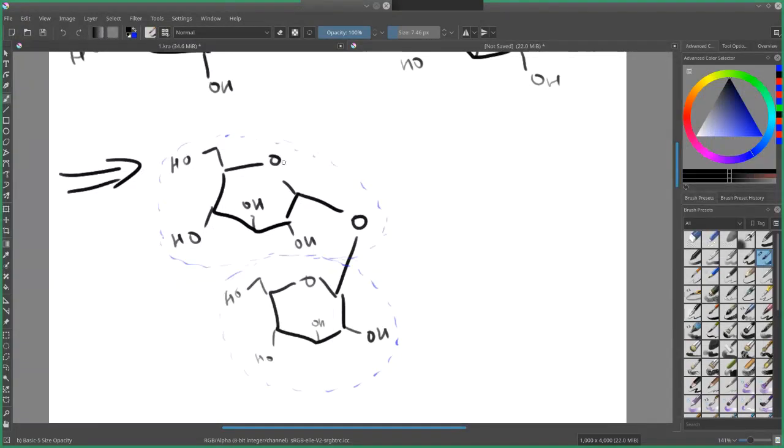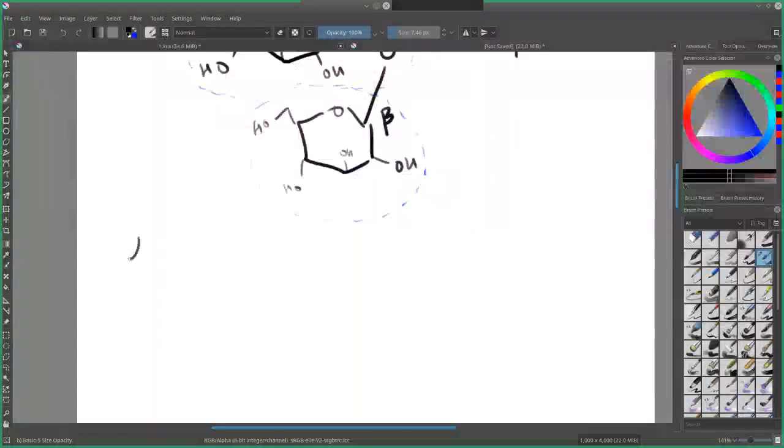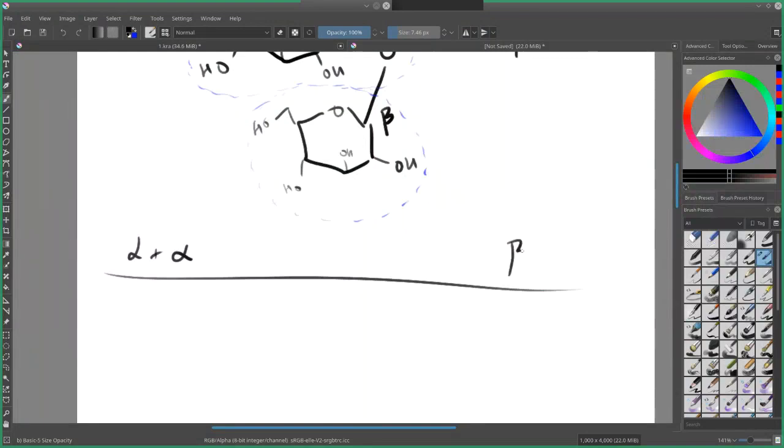I guess one where you have two betas, two alphas, and then one beta, one alpha. Yeah, exactly. So what I drew here is this one's pointing down, so this is an alpha, and this one's pointing up, so it's beta. So I drew alpha plus beta, and then you also have alpha plus alpha and beta plus beta.